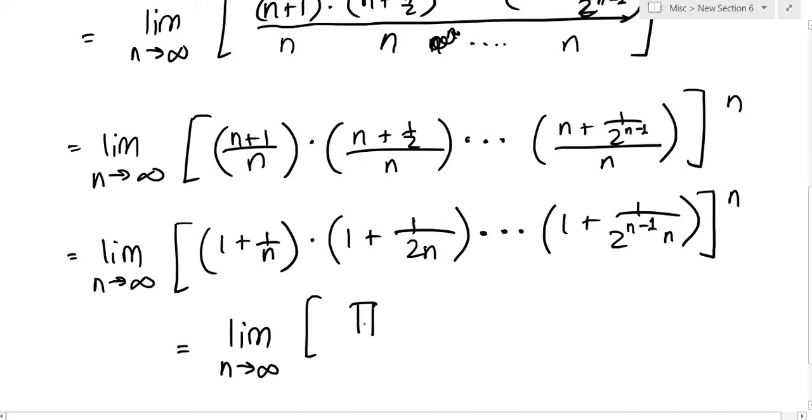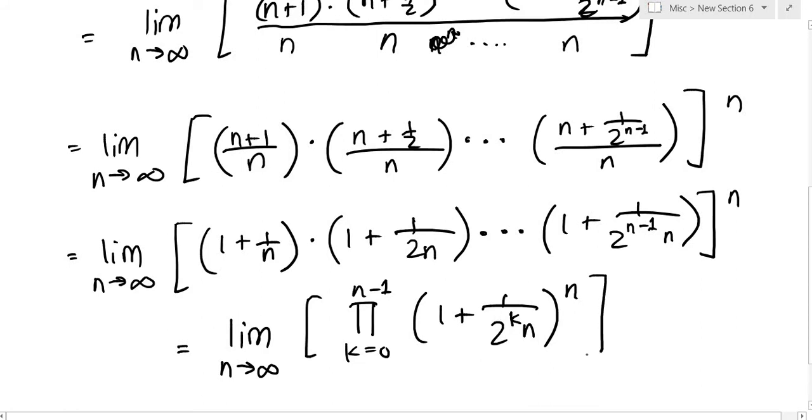This is the symbol for a product. The sigma was for a sum, this is for a product. From k equals 0 to n minus 1 of 1 plus 1 over 2 to the kth power times n, but raised to the nth power.